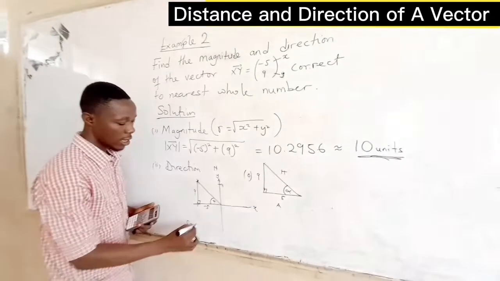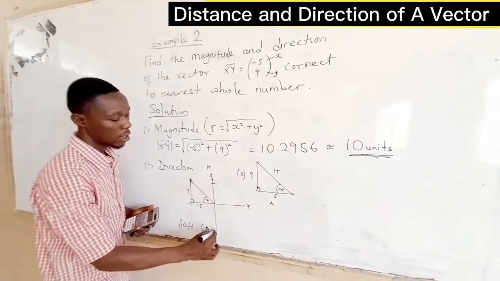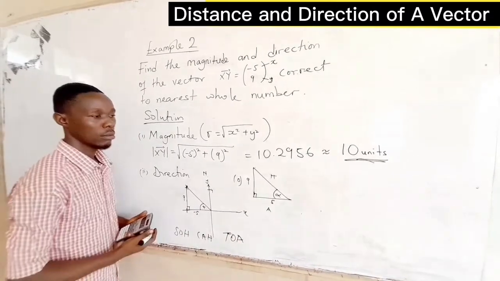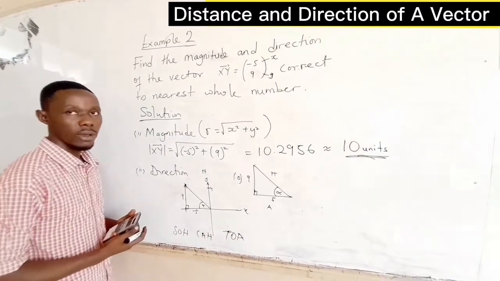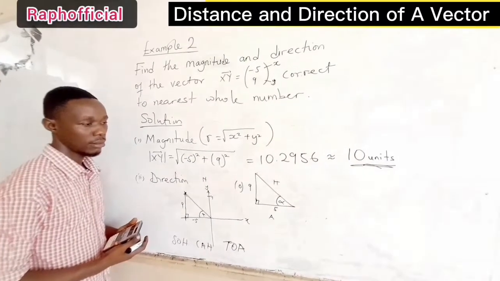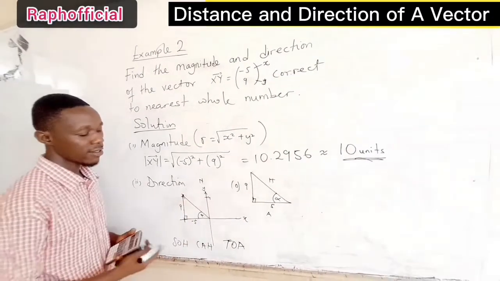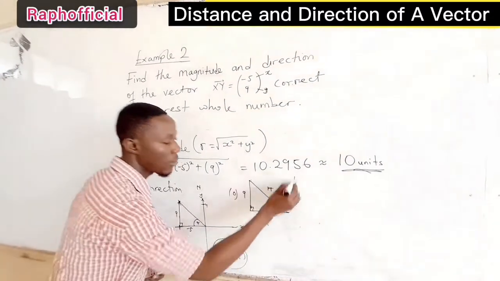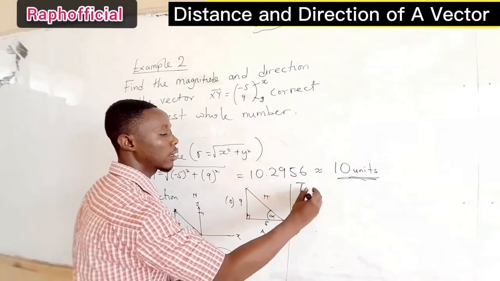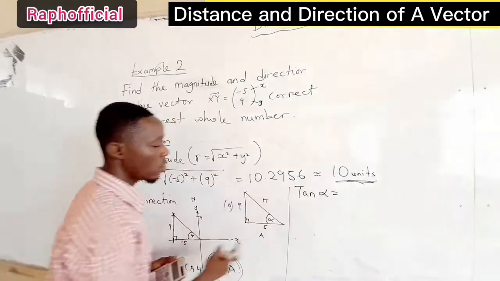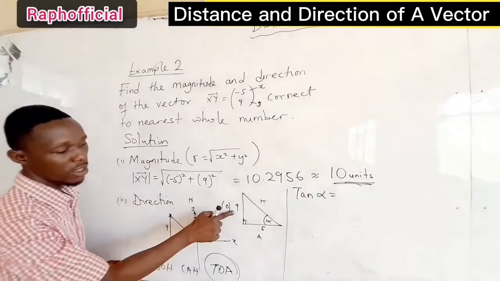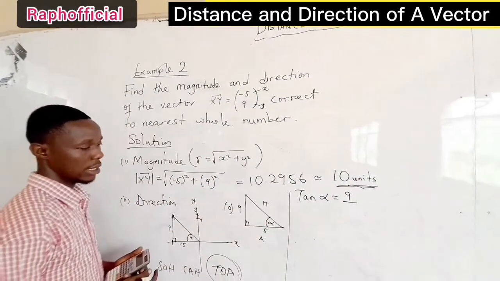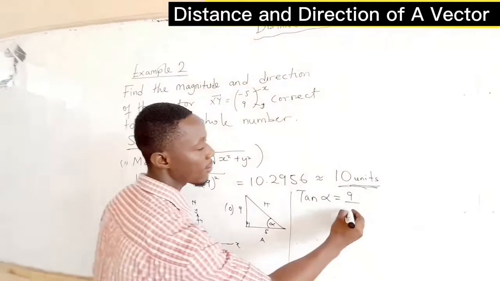So, CAH and TOA. What is given in the question? Opposite and adjacent. Therefore, we use TOA. Can we say tan alpha equal to the opposite, which is 9, divided by the adjacent, which is 5?